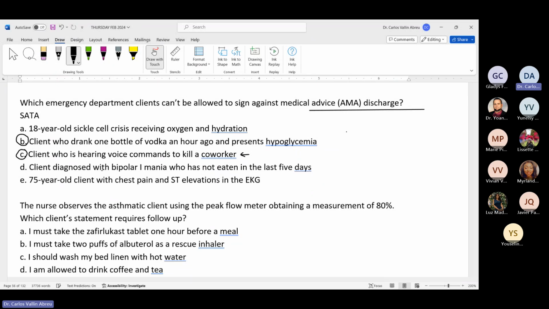Client diagnosed with bipolar 1 mania, who has not eaten in the last 5 days. 5 days without eating anything.